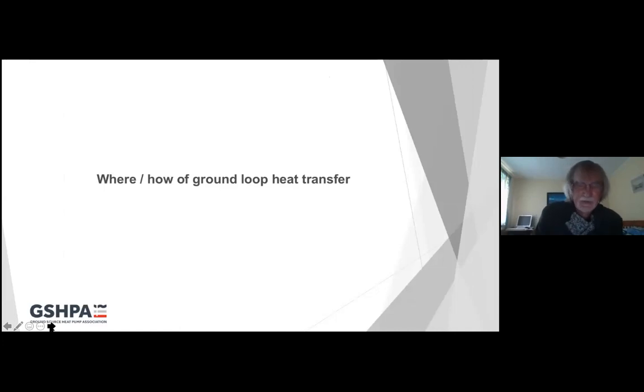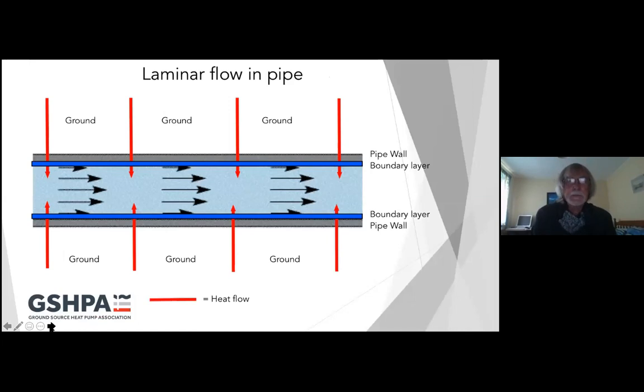So there's a little bit of basics here on the where and how of ground loop heat transfer, just so you can understand some of the processes that are going on and therefore what we have to address. We've got a horizontal pipe here, but you could rotate this 90 degrees and it applies to a borehole. So this is a situation where we've got so-called laminar flow in the pipe. Now when you turn the heat pump on and start circulating, the temperature in here drops as the heat pump begins to suck energy out of this closed loop circuit.